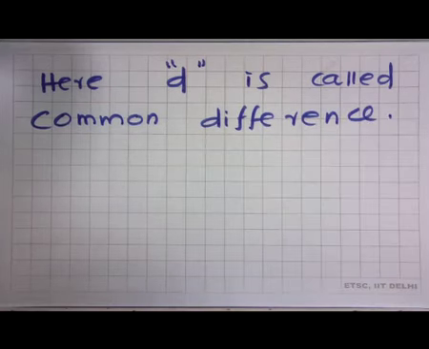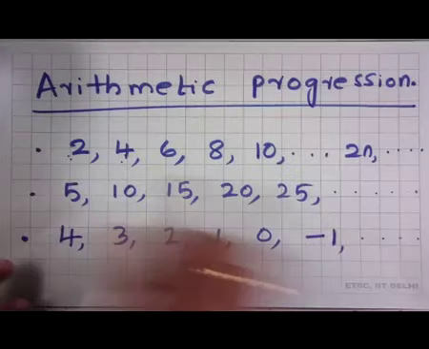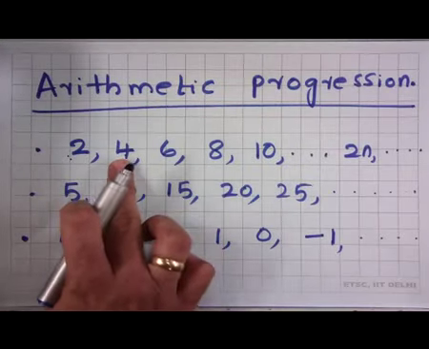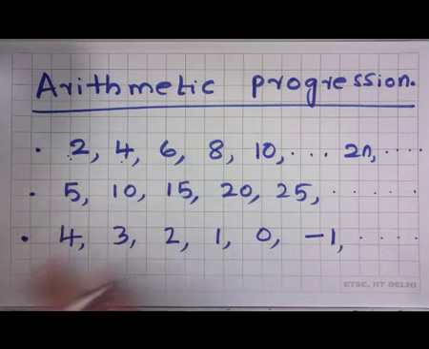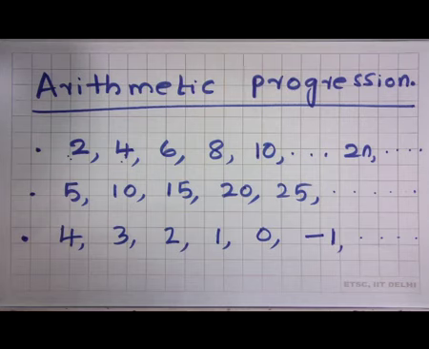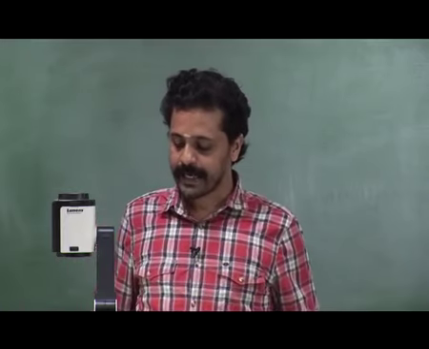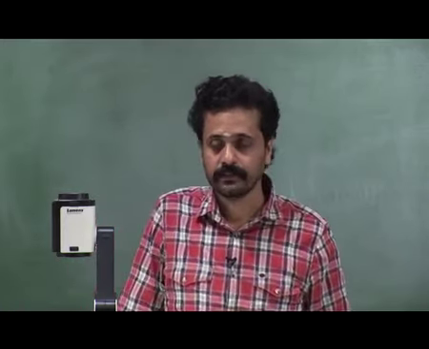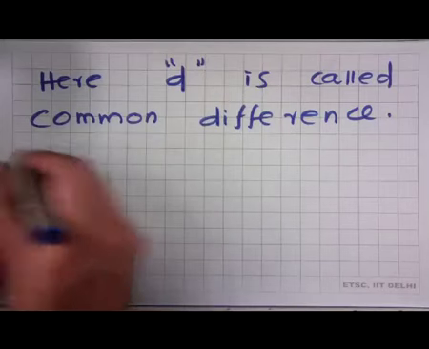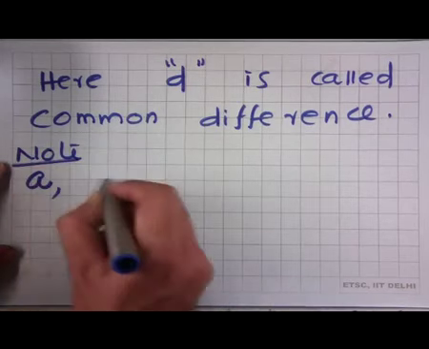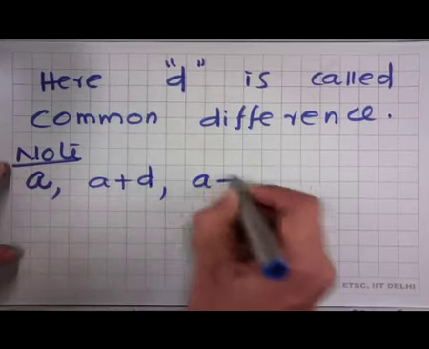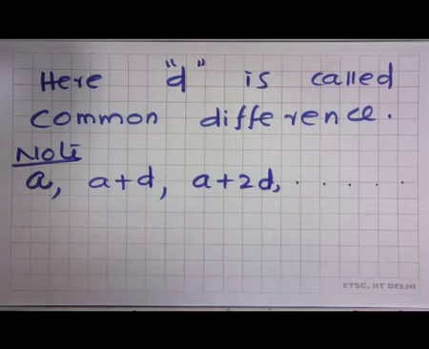So, in the example we started with, 2 is the common difference. In the second example, 5 is the common difference, and in the third example, minus 1 is the common difference. Let us note that an arithmetic progression with first term a and common difference d can be written as a, a plus d, a plus 2d, and so on.